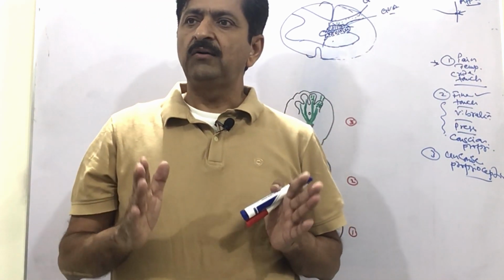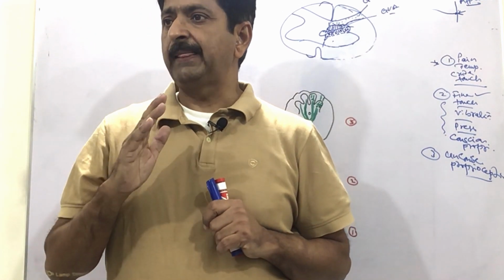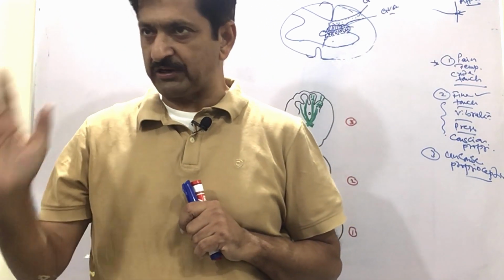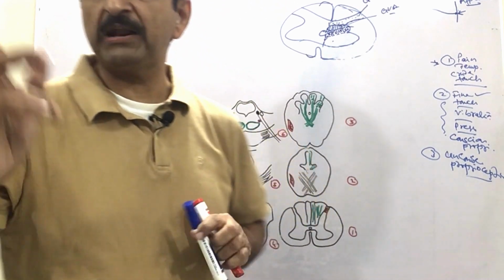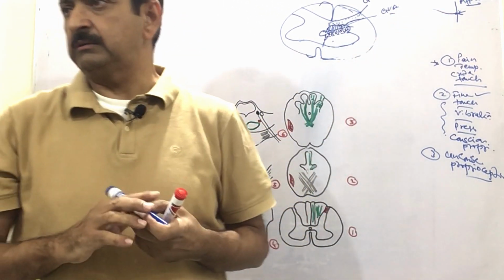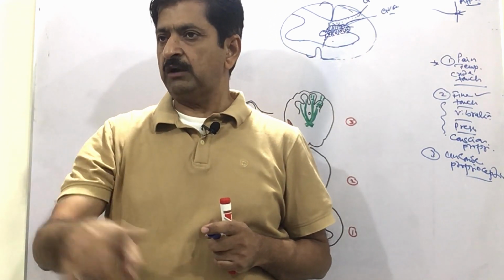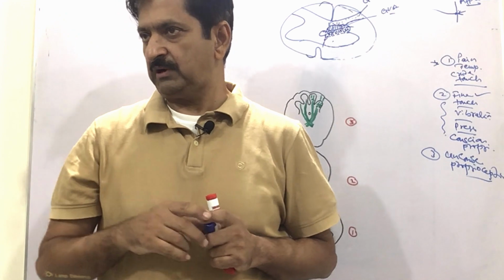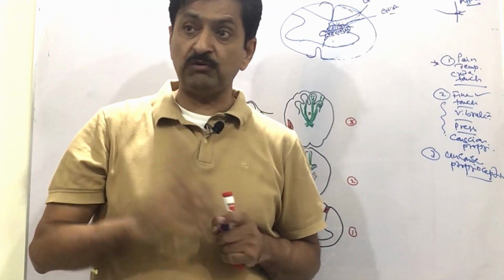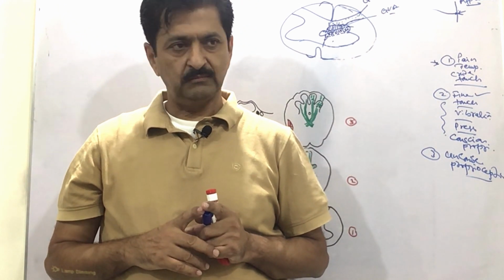First generation of neurons, first order neurons, or you can call them primary sensory neurons also. Always remember, primary sensory neurons have the cell body always outside the central nervous system, except one place where they are present inside also. Where?